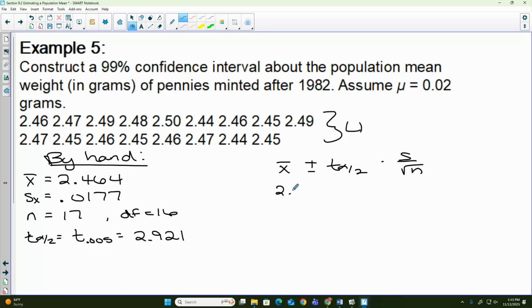So x bar 2.464 plus and minus my t 2.921 times s 0.0177 over the square root.